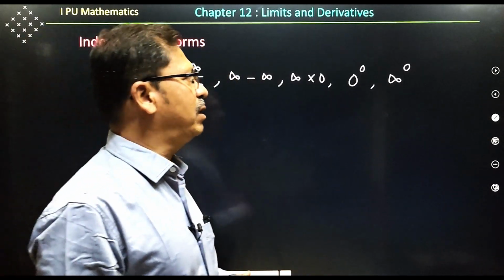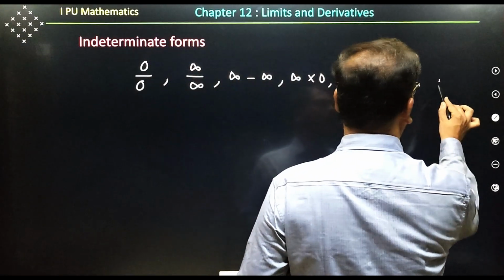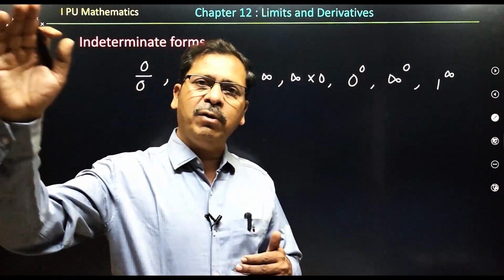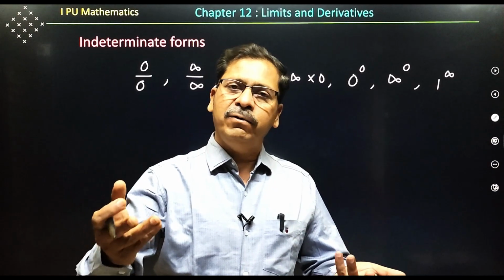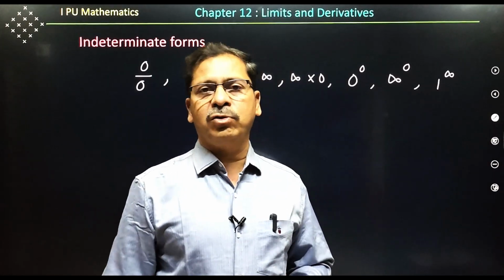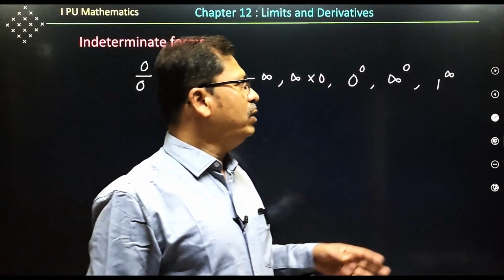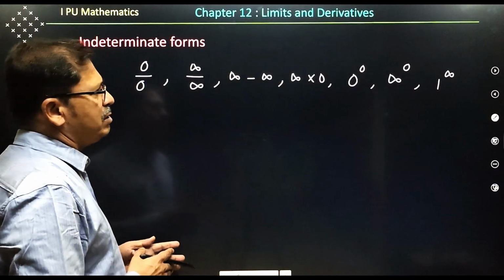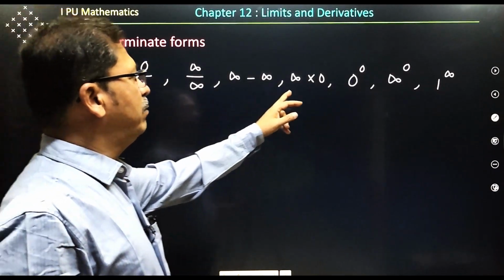So infinity raised to 0, similarly 1 raised to infinity also will surprise you. 1 into 1 into 1 into any number of 1s, you will judge very easily it will give 1, but it's not so. It's also not defined. So 1 to the power infinity is also an indeterminate form. There are actually 7 forms: 1, 2, 3, 4, 5, 6, 7.